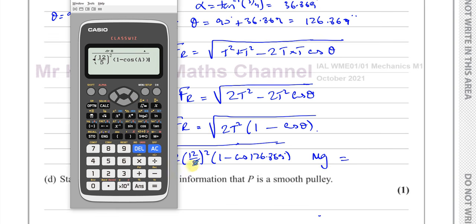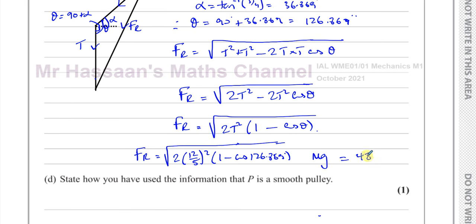Close the next bracket, and that should give us our answer, which is 48 root 5 over 25 mg. So that is the answer for the resultant force.